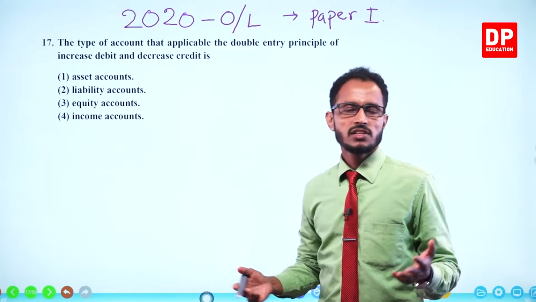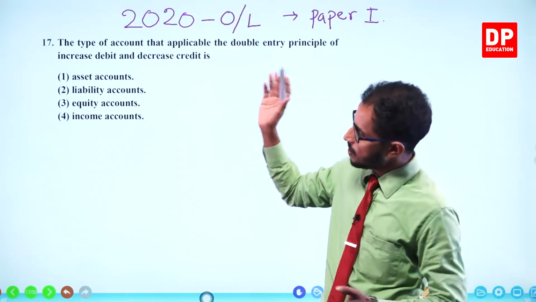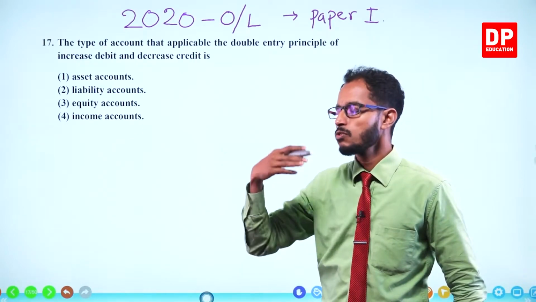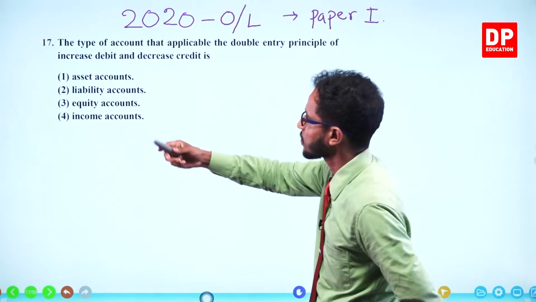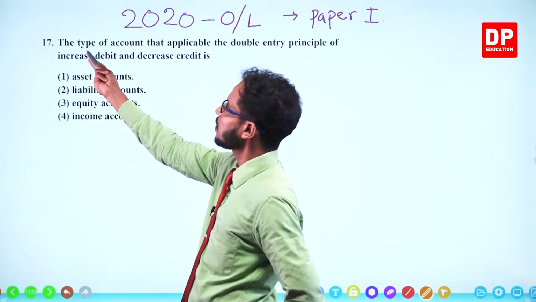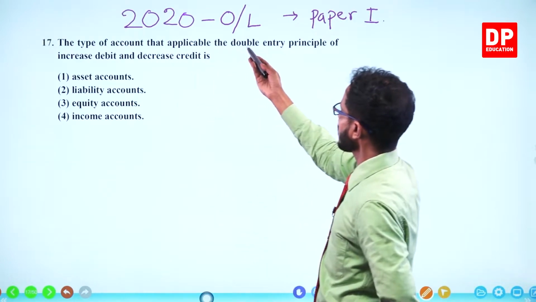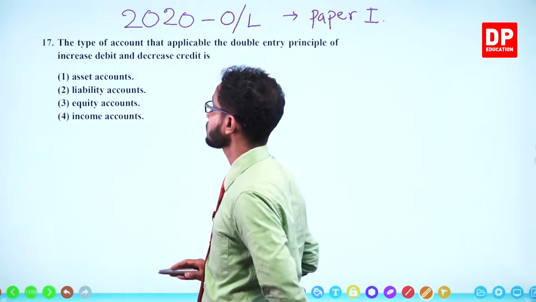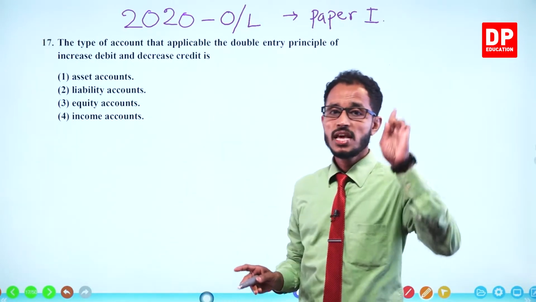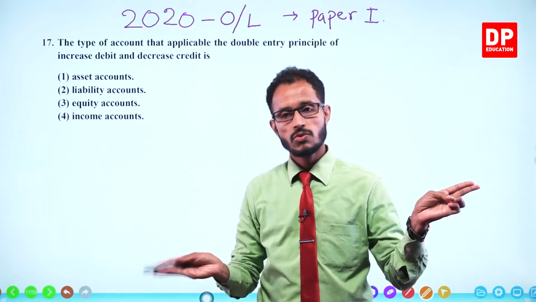As everybody knows, from question number 17 onwards, all the questions are from the accounting part. The type of account that applies the double entry principle of increase debit, decrease credit.